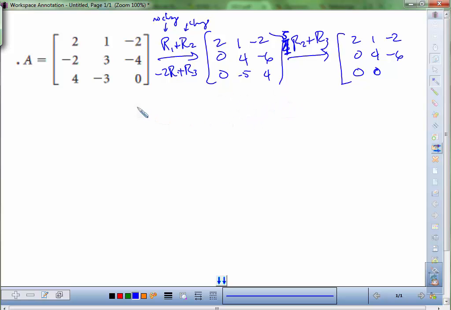I have to write it down. Negative 14/4. Negative 7/4.